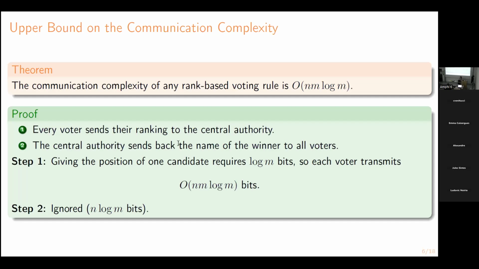But I think they take into account the number of voters, because usually n is large, and so they want to make it appear in the communication complexity. But even conceptually, at the center point, you need to receive the n messages, so in terms of bits received, it's n times m log m.